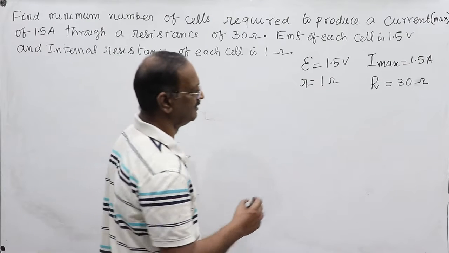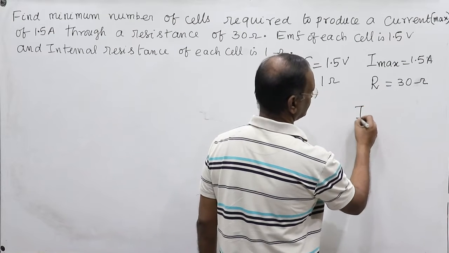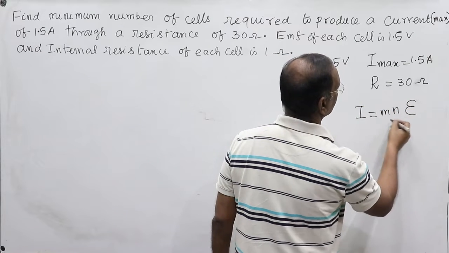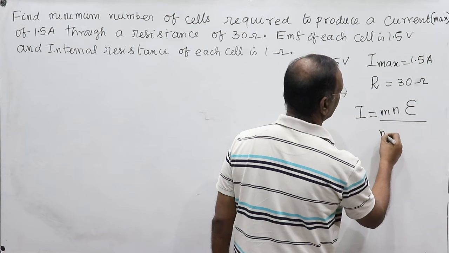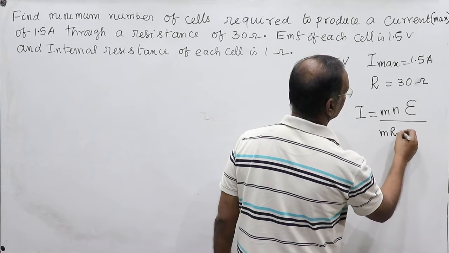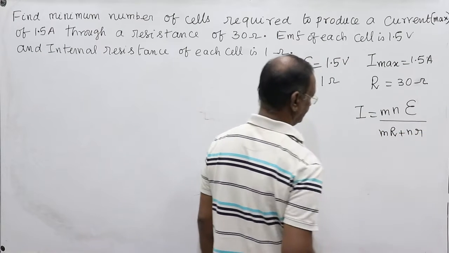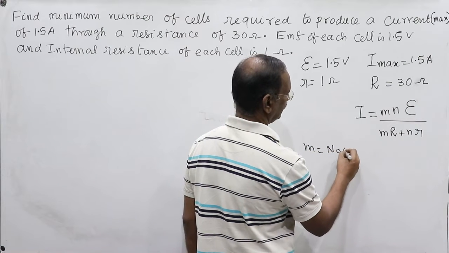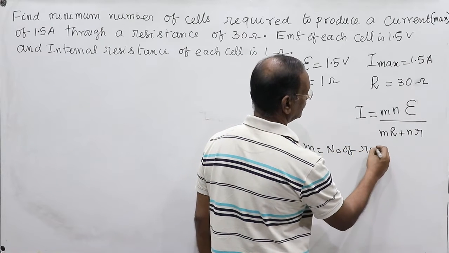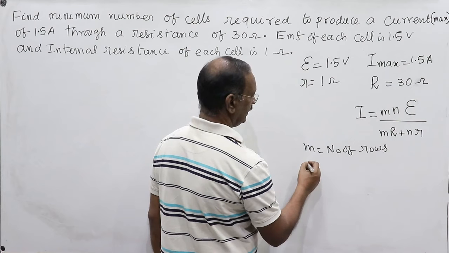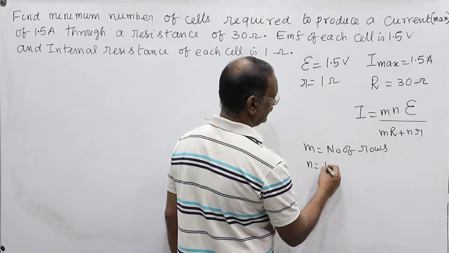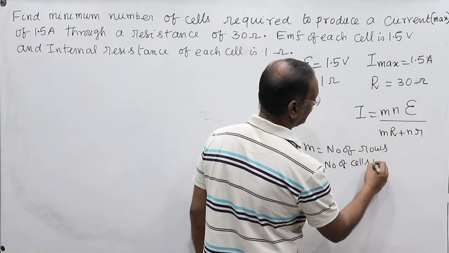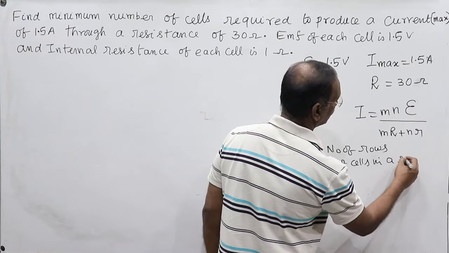For a mixed combination, current is given by m n times the EMF of one single battery, divided by m r plus n r, where m is the number of rows and n is the number of cells in a row.